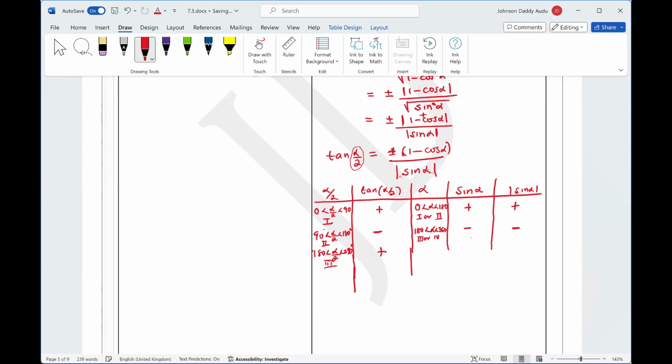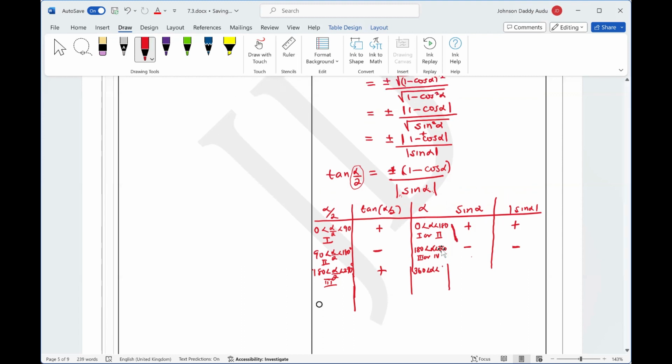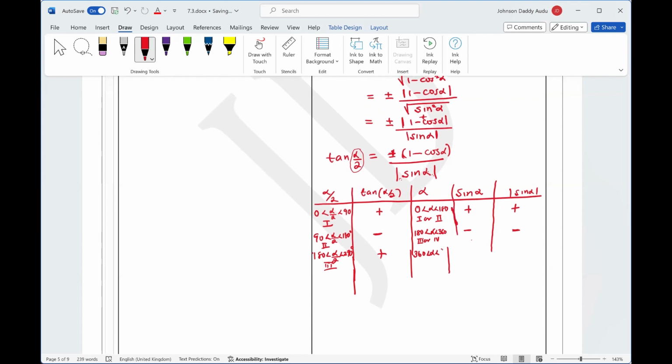So if you multiply both by 2, you will have that 360 is less than alpha is less than 540. So you can see that alpha is going to be between 360 and 540.